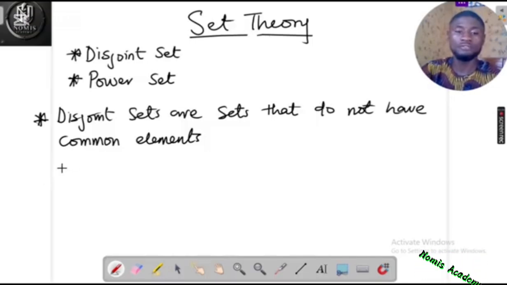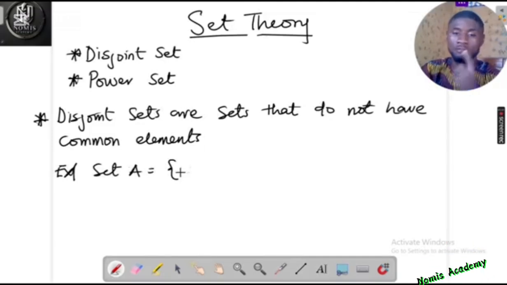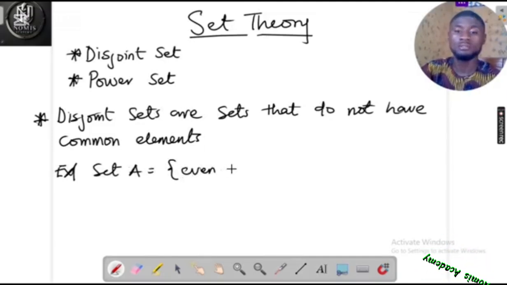So let's take an example. Let's say we have set A, a set of even numbers, and then we have set B, vowel letters.